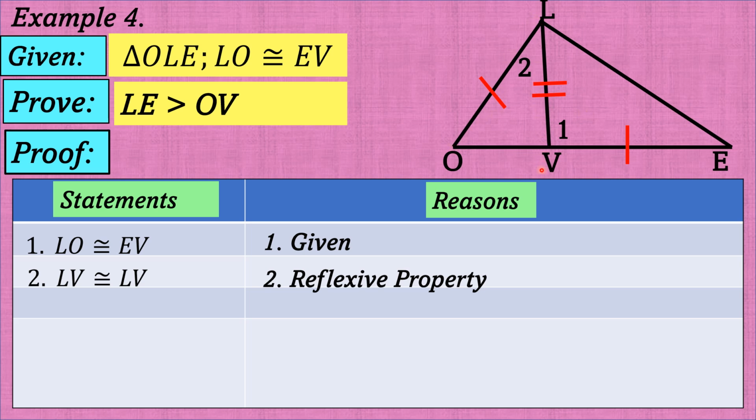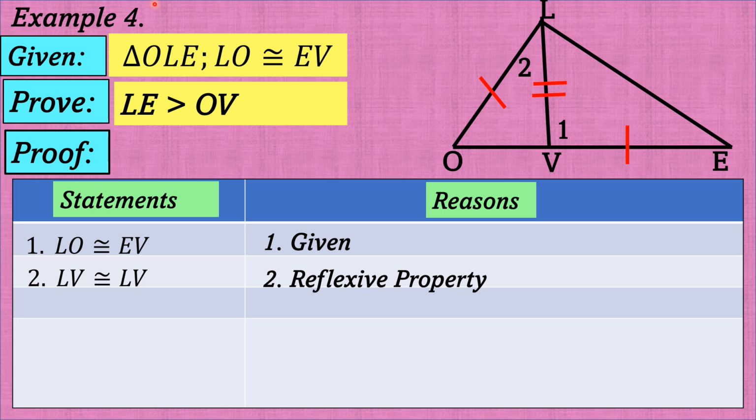And based on the definition of an exterior angle, the measure of the exterior angle is equal to the sum of the measures of its two remote angles. So the sum of these two remote interior angles, angle 2 and angle O, is equal to the measure of angle 1. So meaning, si angle 2 ay mas maliit kay angle 1. And the measure of angle O is also less than the measure of angle 1.